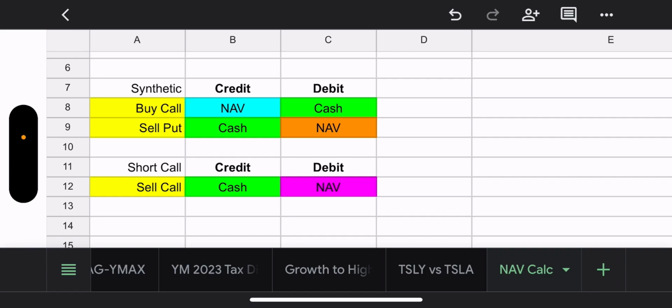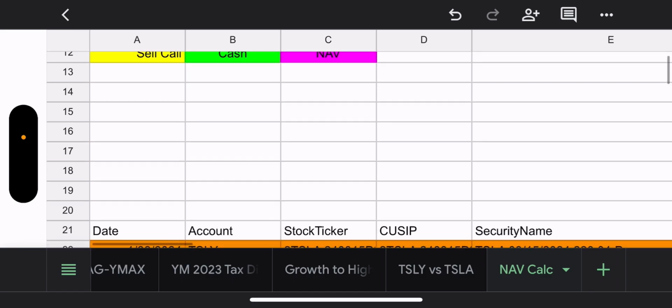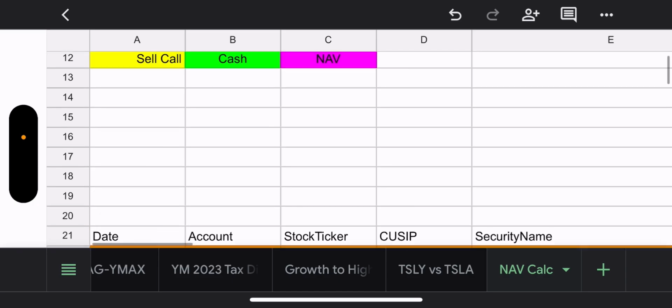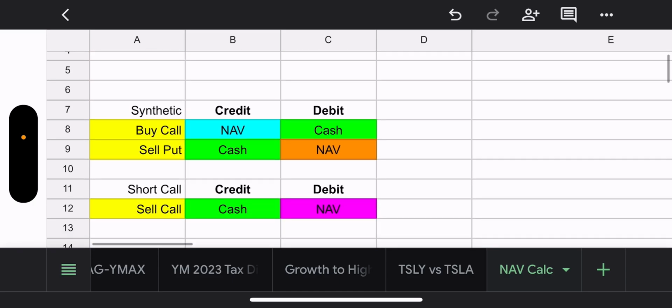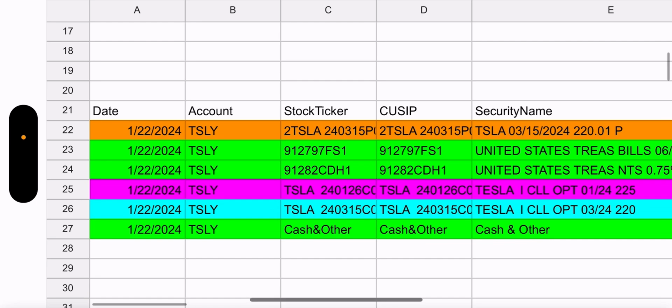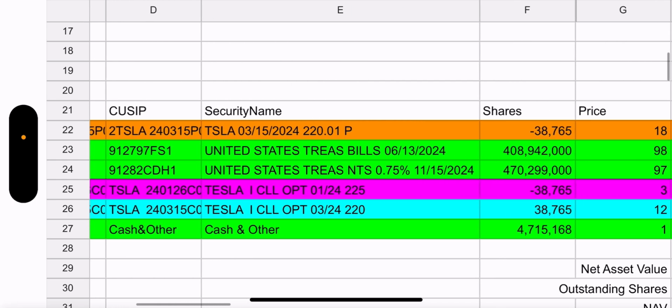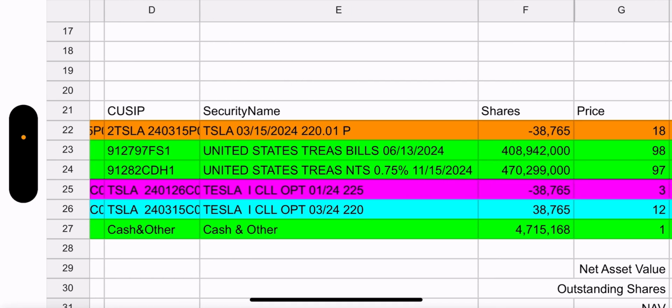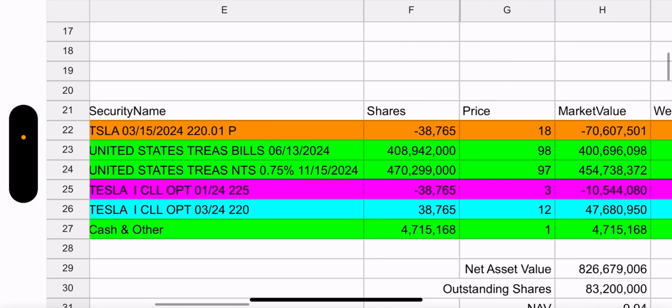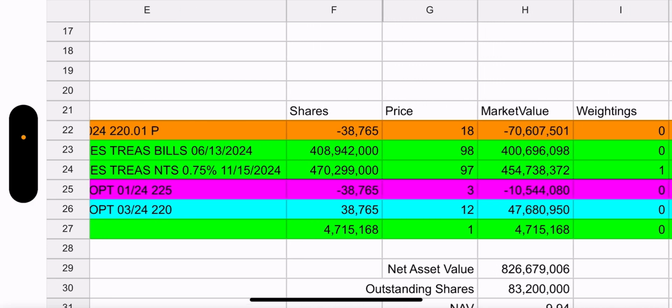That transaction, which we had as turquoise, gets added to part of the holdings. If you look in turquoise now, this is the buy call, part of the synthetic. The buy call is open, this is the current one, with a market value of 47 million. So it's worth 47 million.